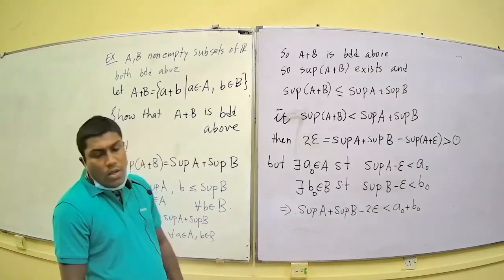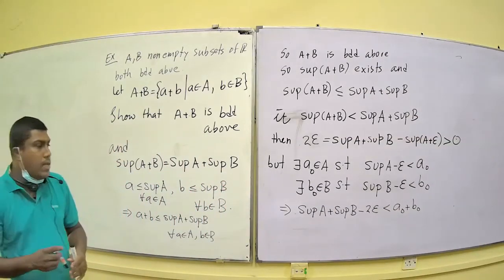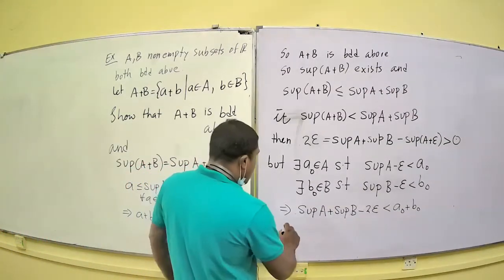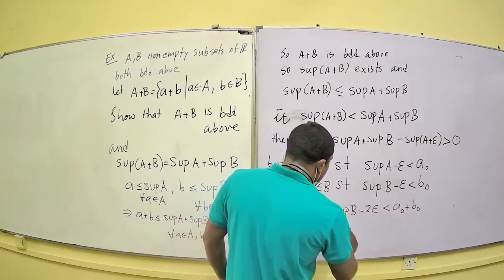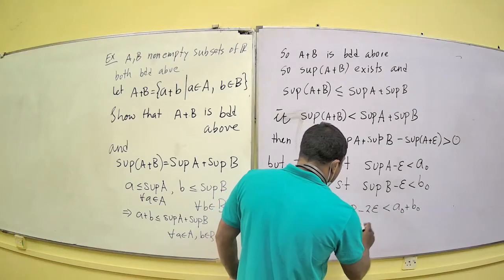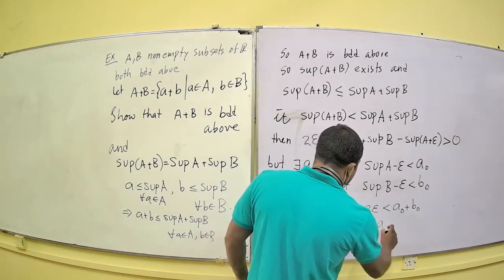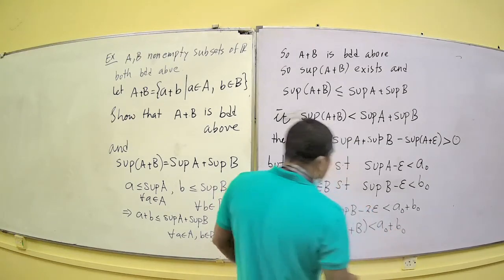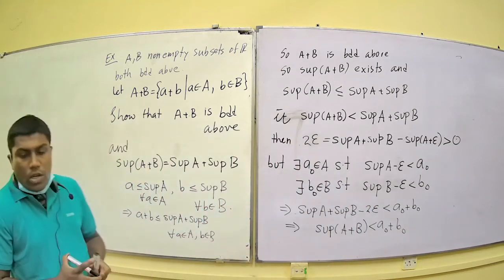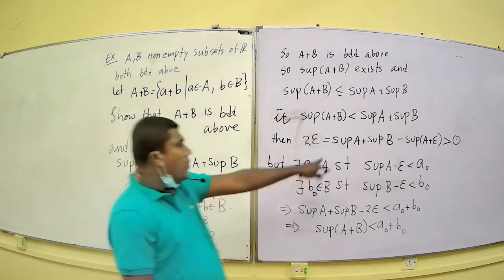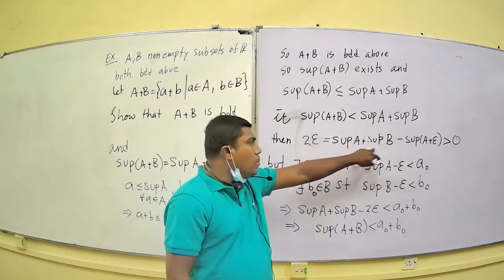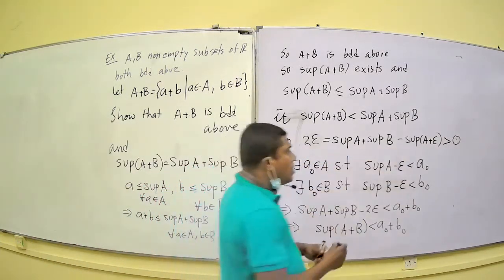When you substitute this, sup A cancels, sup B cancels. So basically, you get supremum of A plus B is less than a naught plus b naught. I skip the substitution part, but you can substitute it and see this. You put sup A plus sup B minus sup of A plus B.